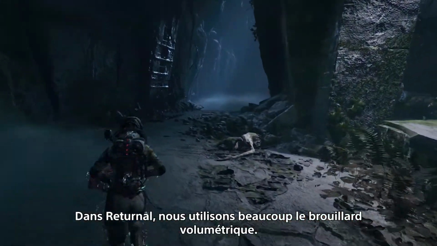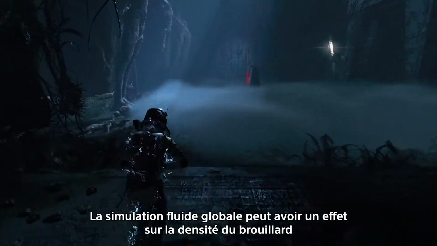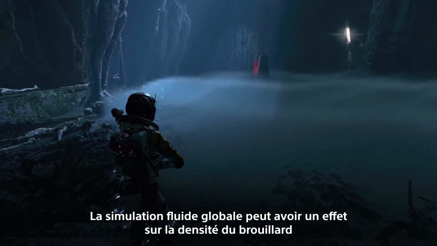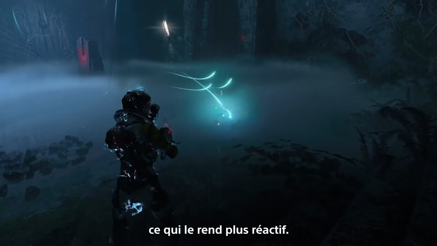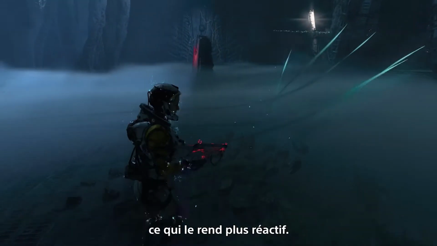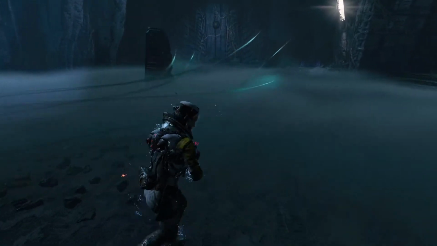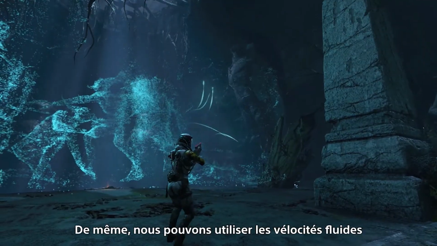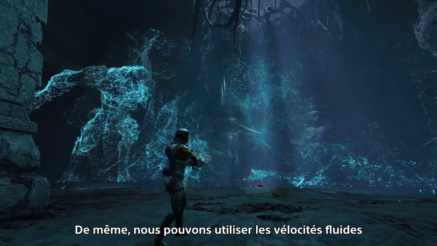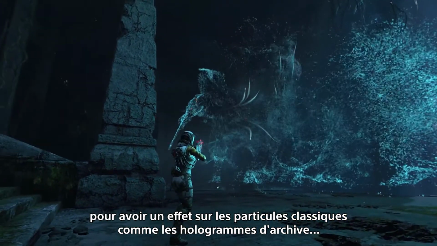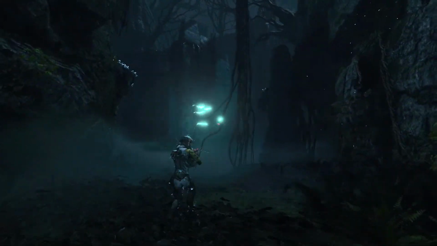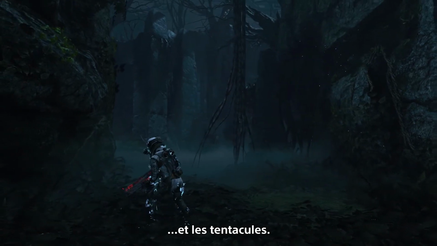In Returnal, we use a lot of volumetric fog in our levels. The fog density can be affected with the global fluid simulation, making the fog more reactive. Similarly, we can use the fluid velocities to advect regular particles like the Xeno Archive holograms. And tentacles.